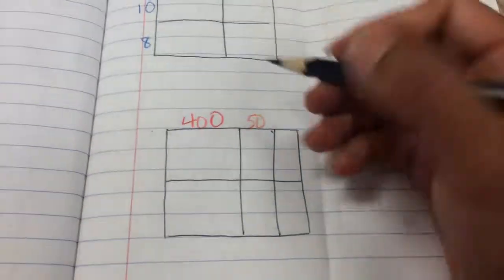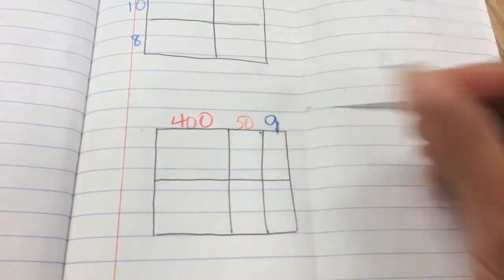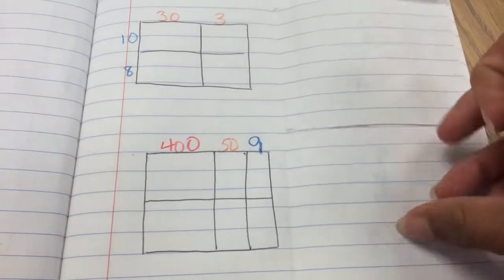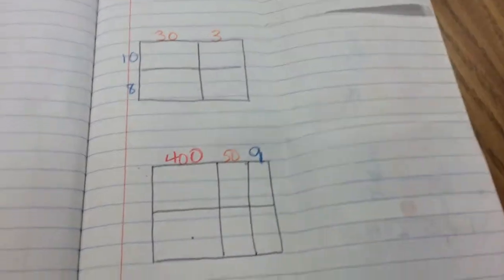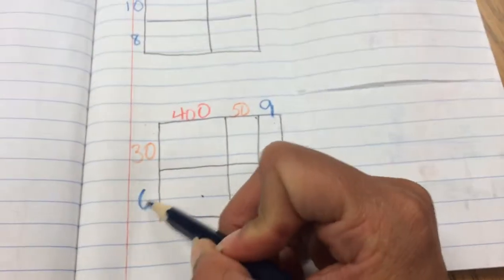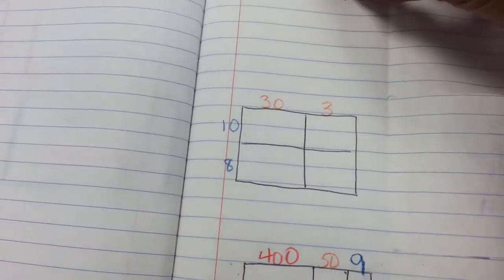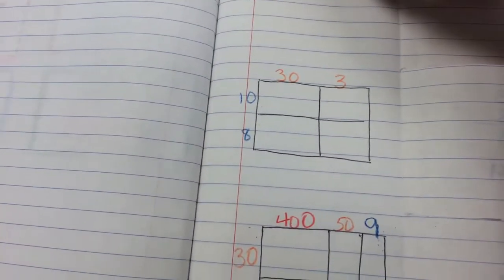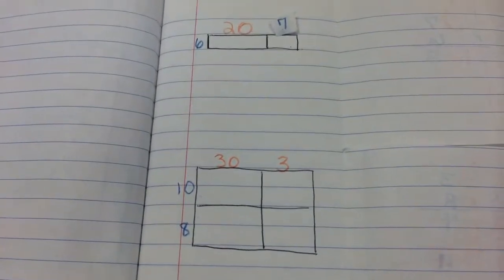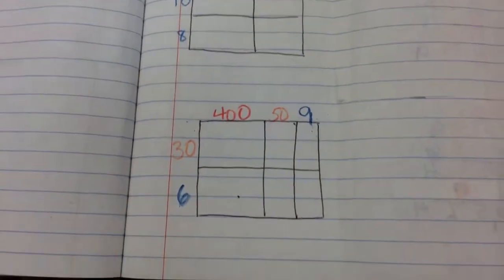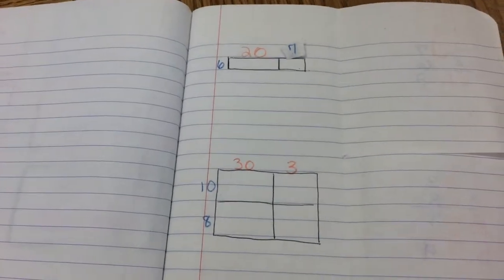Yep, 9 ones. And then times 36. So 3 tens and 6 ones. Make sure that yours looks exactly like mine, and that you're able to make any corrections if you need to.